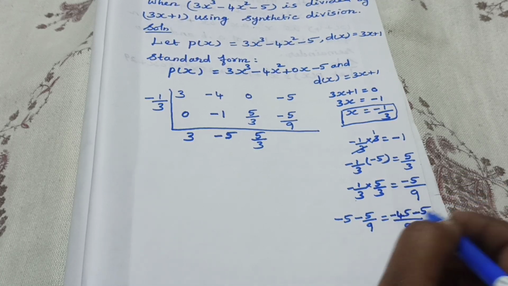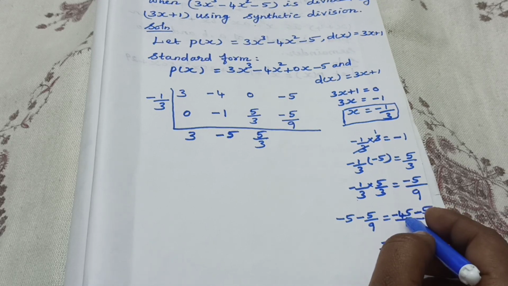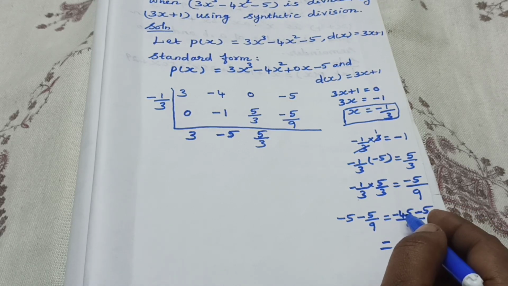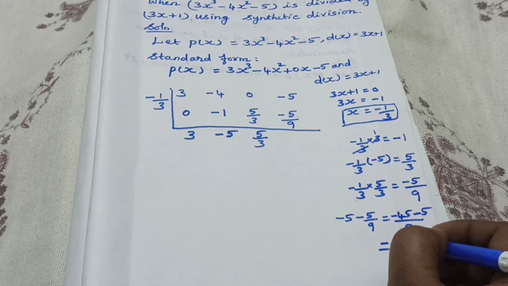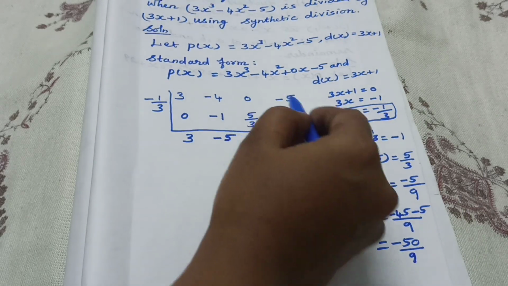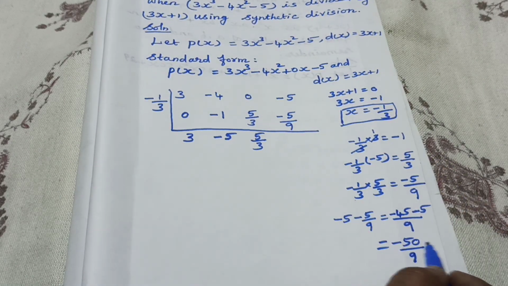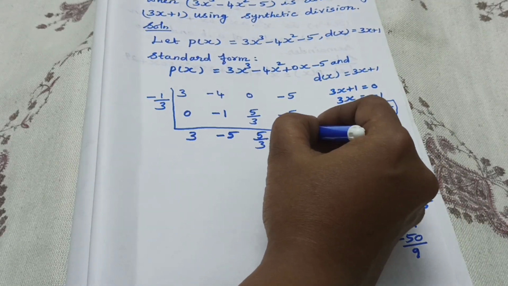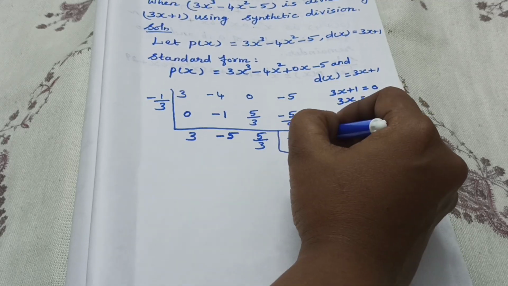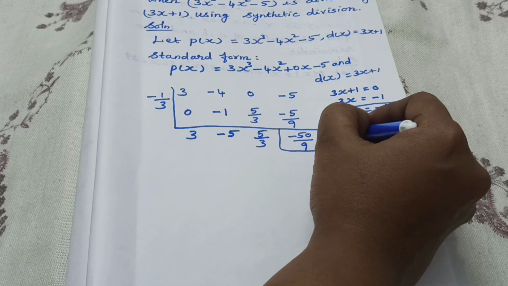Then equal to minus 45 minus 5, add it. Add means minus 50 divided by 9. These two numbers add, then we get minus 50 divided by 9. This is the remainder. Am I correct? This is the remainder.